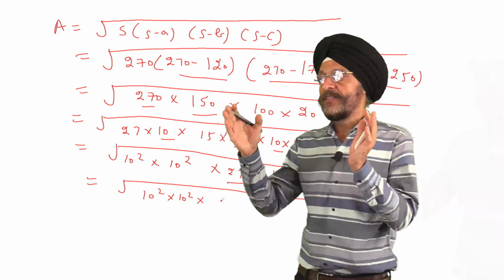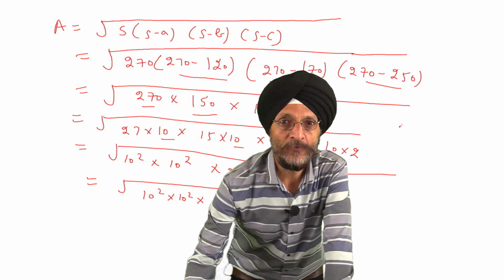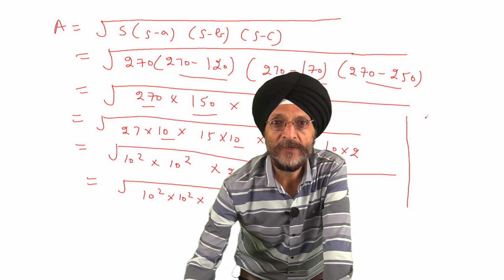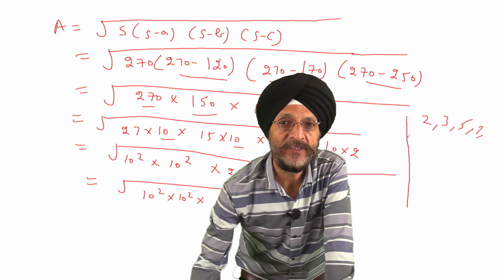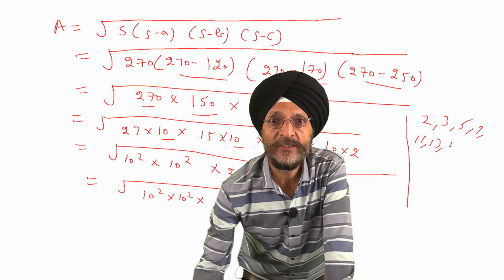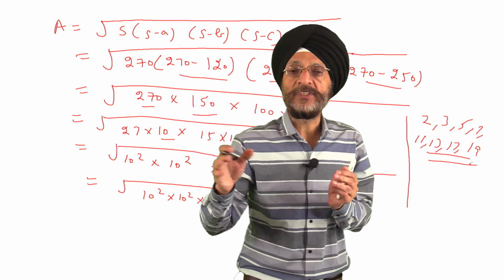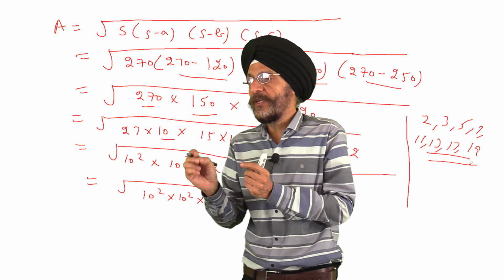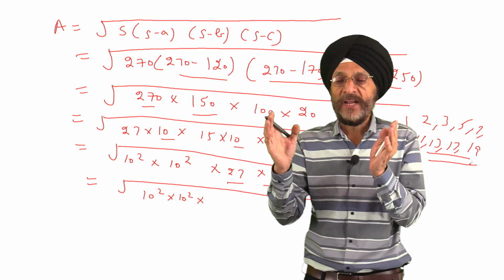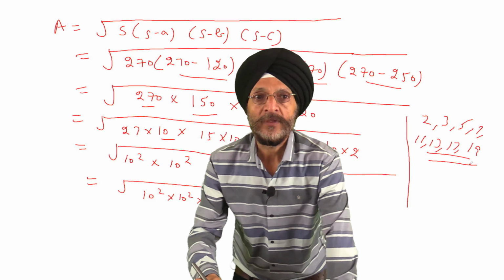Prime numbers are those numbers which can be divided by 1 or by the number itself. For the purpose of clarification, we will tell you that 2, 3, 5, 7, 11, 13, 17, 19 are some examples and so on. These are some examples of prime numbers which can be divided by 1 only and by the number itself. And when they are multiplied, they will give rise to the original number.